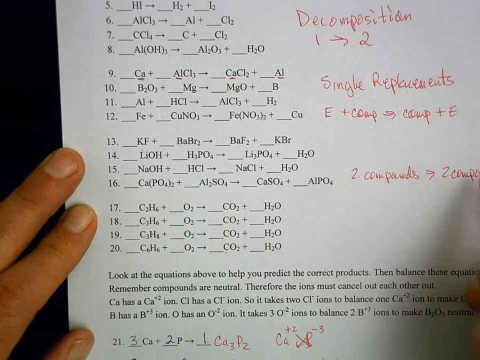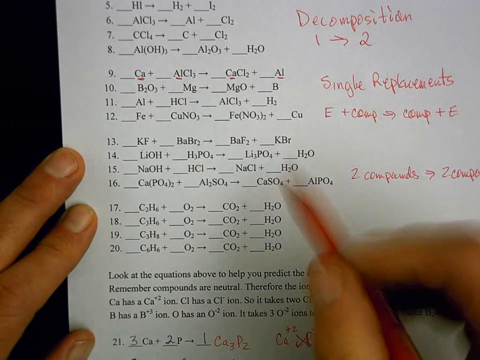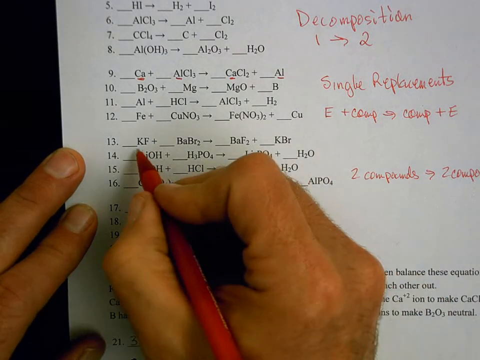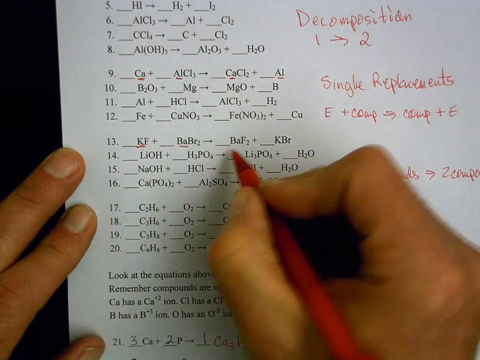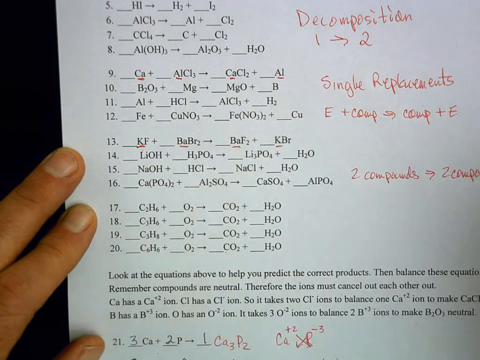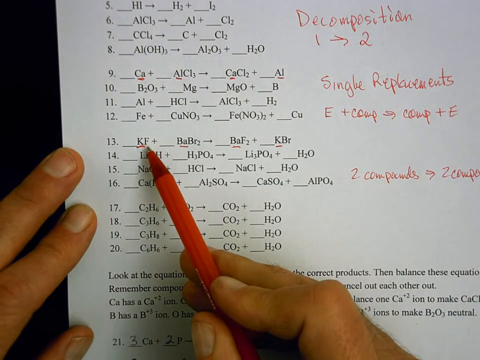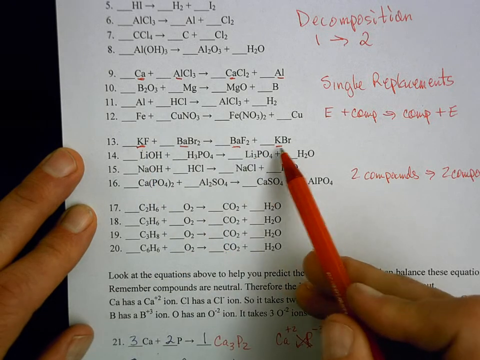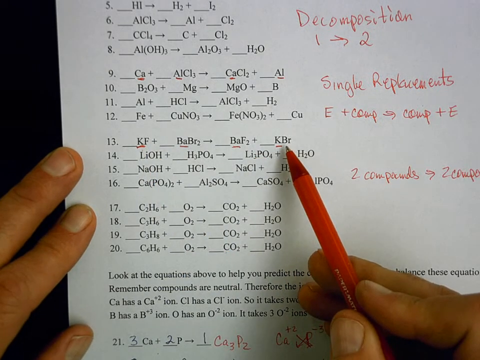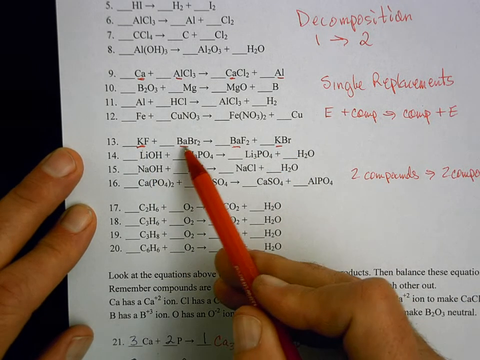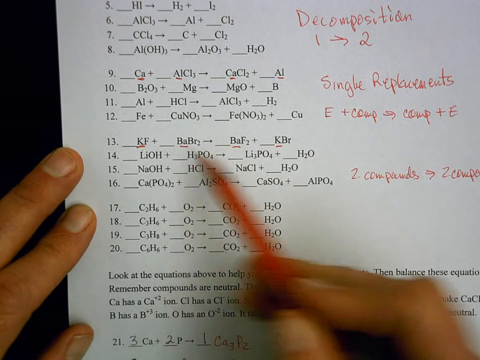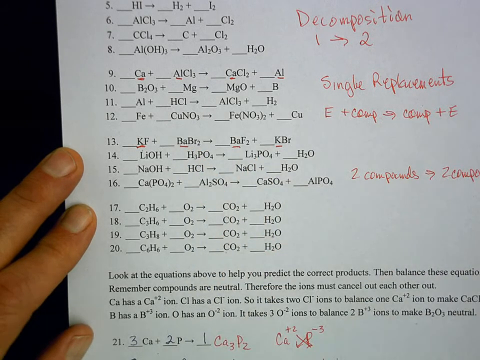This is 2 to 2. However, just like the previous group, we are switching the first halves of each compound. So K, which was with fluorine here, is now with the bromine at the end of the reaction. Barium, which was with bromine to begin with, is now with the fluorine at the end of the reaction.